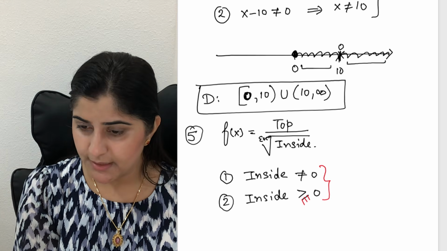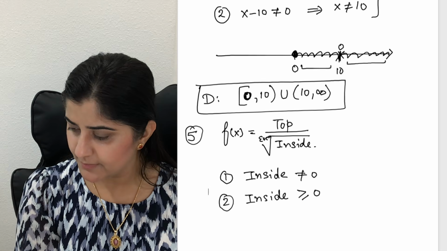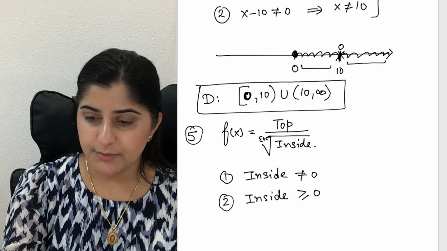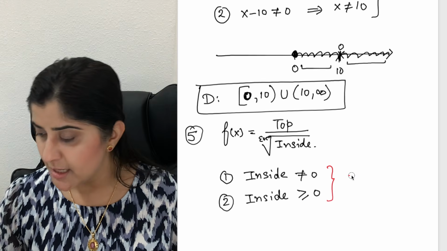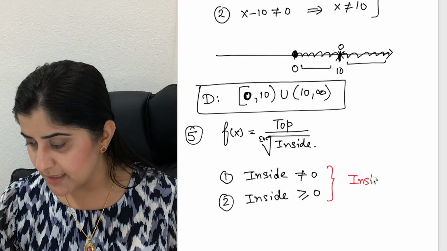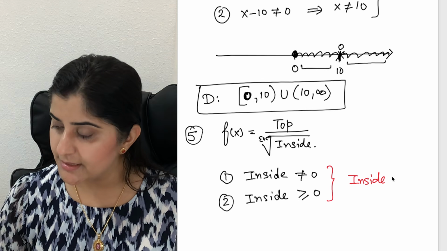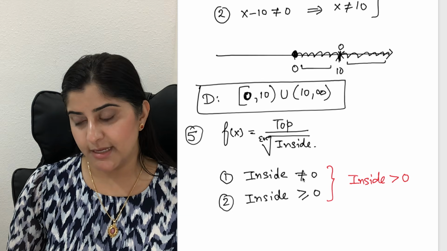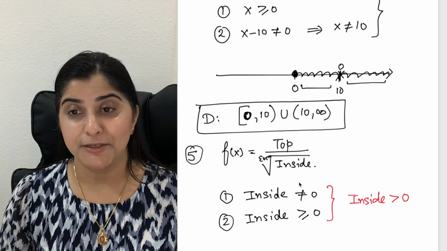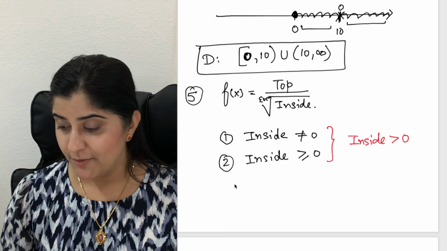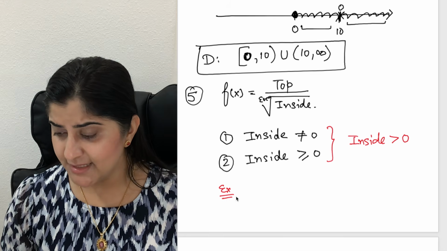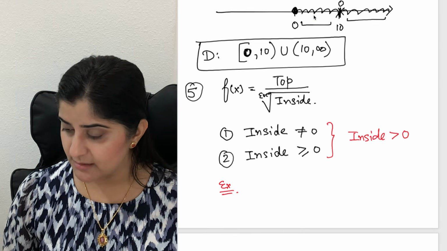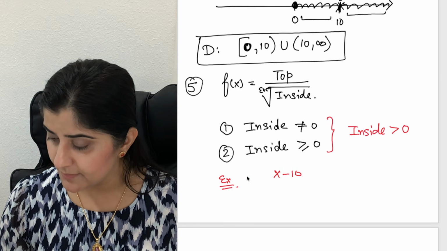So what I mean here is, if I combine these two conditions together, it means the inside now, because it is in the denominator, has to be strictly greater than 0, because we cannot have the denominator 0. For example, let's take the same example here, 1 over square root of x minus 10.